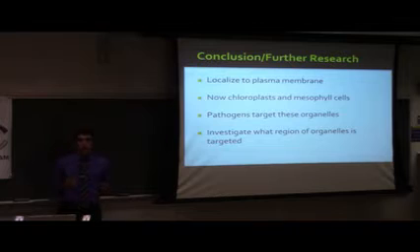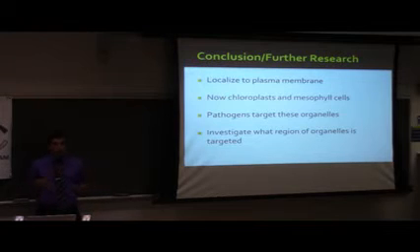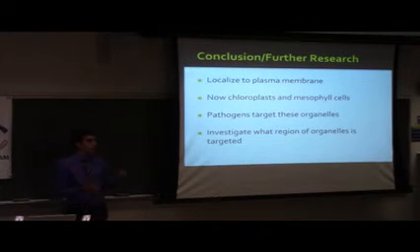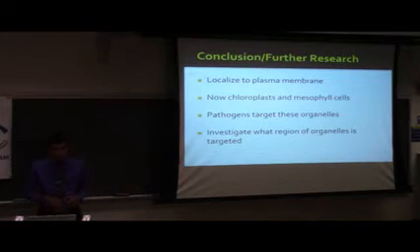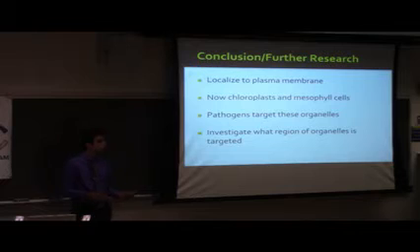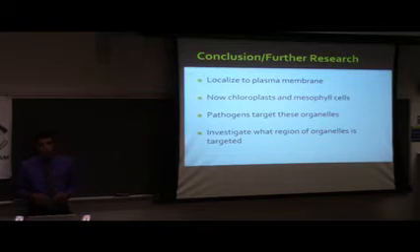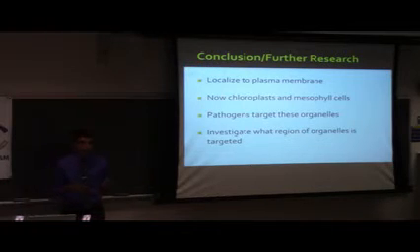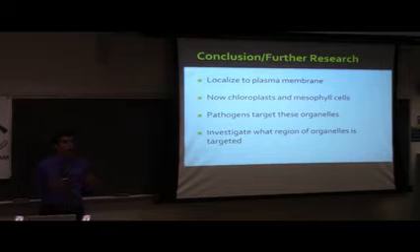So the effector protein and the pathogen would want to inhibit these organelles where it could begin or trigger another immune response. So we could further investigate what the chloroplast and mesophyll cells do to contribute to triggering an immune response. And we could also investigate which region specifically inside the organelle these effectors target.